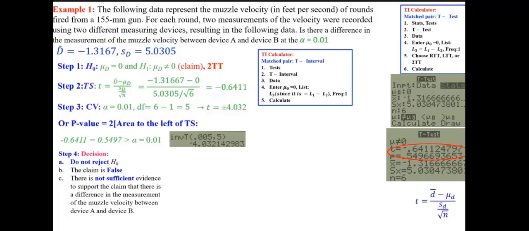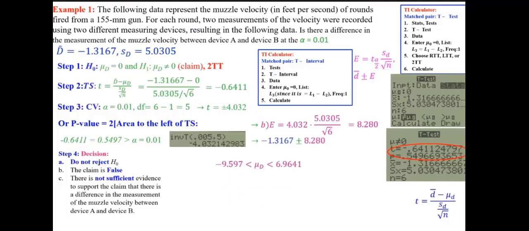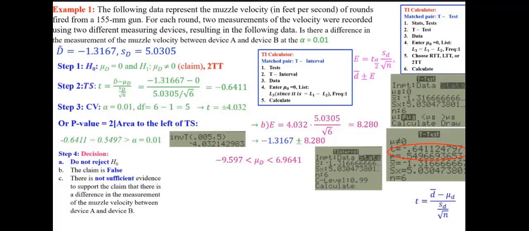We plug in the values and calculate E. D bar is negative 1.3167 plus or minus E, which will result in the interval for mu D, calculated by hand, or you can put it into a TI calculator, resulting in the same values as you can see here. Zero is contained in the interval. The decision is to not reject the null hypothesis.